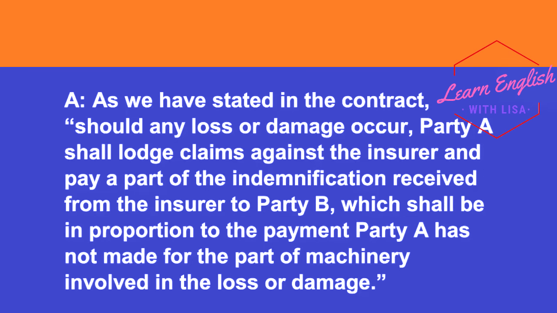As we have stated in the contract, should any loss or damage occur, Party A shall lodge claims against the insurer and pay a part of the indemnification received from the insurer to Party B, which shall be in proportion to the payment Party A has not made for the part of machinery involved in the loss or damage.